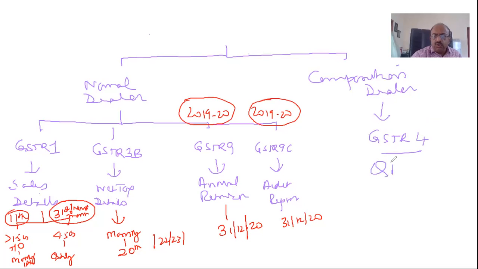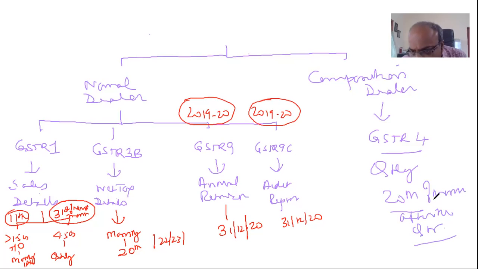This has to be done quarterly, and I think by the 20th of the month after the quarter. 21st or 31st, I'll check. I don't remember this. I'll check. So this is the basic structure. There are other returns, but I'm not getting into that. These are the main things. So if you want, you can copy it down. The time is short.